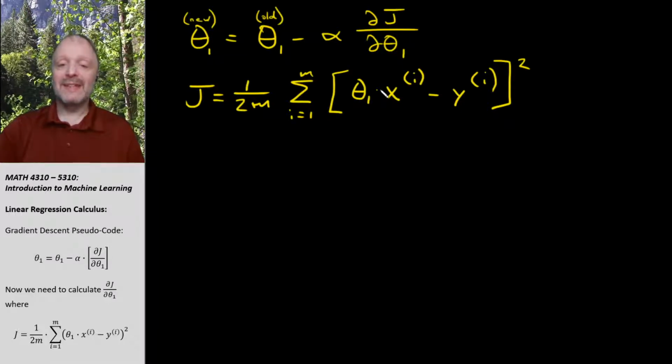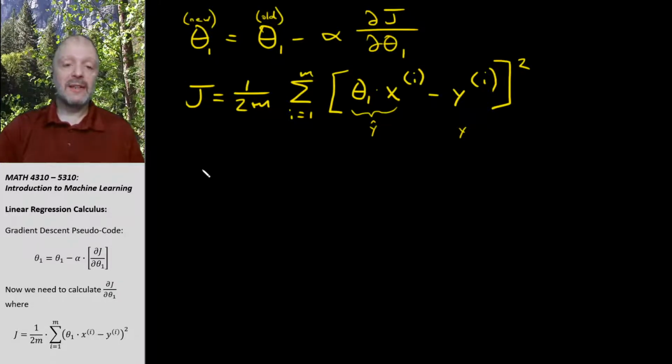This right here is our predicted y value. This is the actual y value. And so this is our hypothesis function, right? You can kind of think of this as y hat, and this is y right here. And so we're going to be taking the partial derivative of this with respect to theta 1.